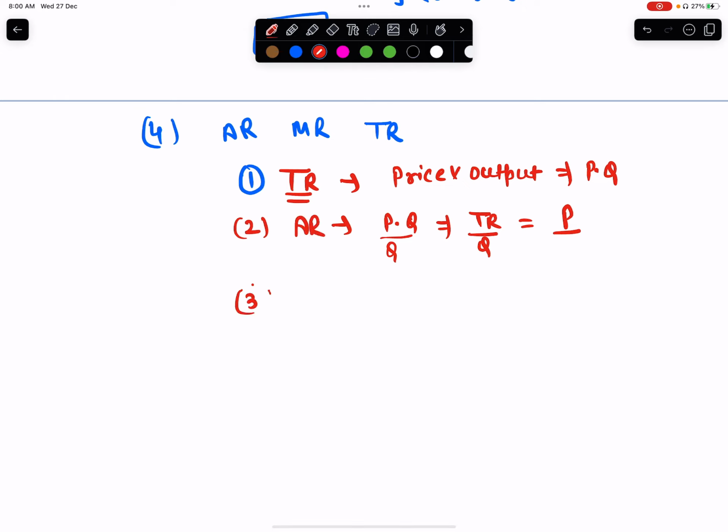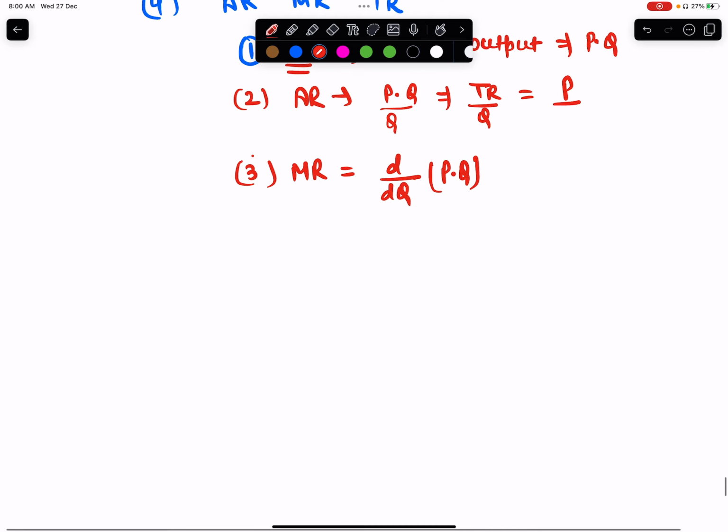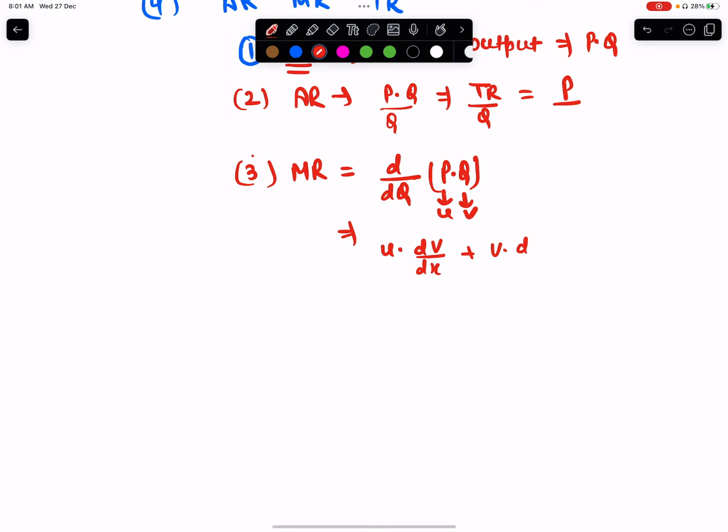Now what is marginal revenue? Marginal revenue is d by dQ of P into Q. How will we derive this? We will apply the formula of U into V, where U is P and V is Q. The formula is U into dV by dx plus V into dU by dx. So here we have P into dQ by dQ.